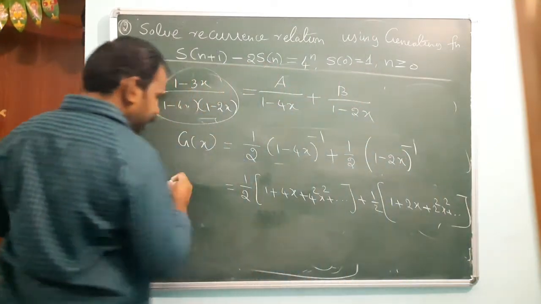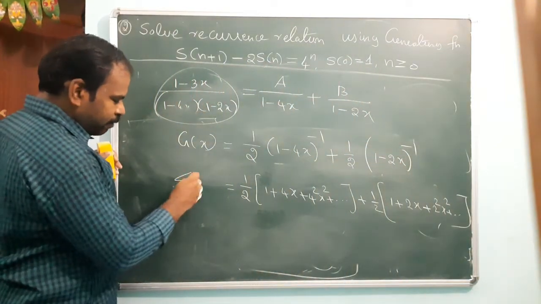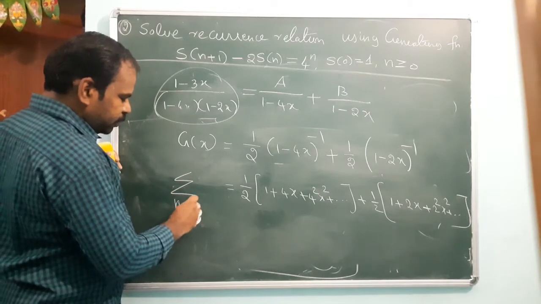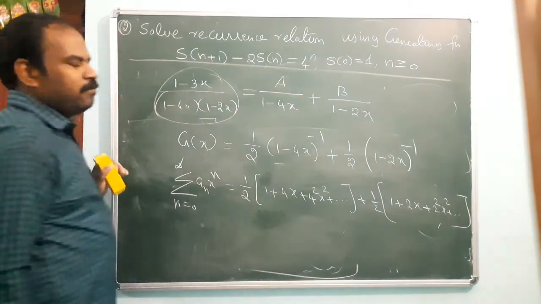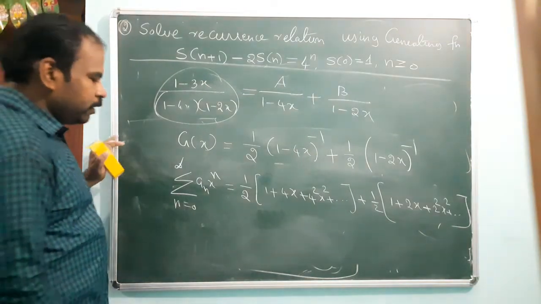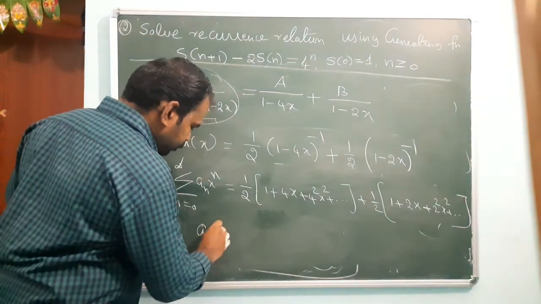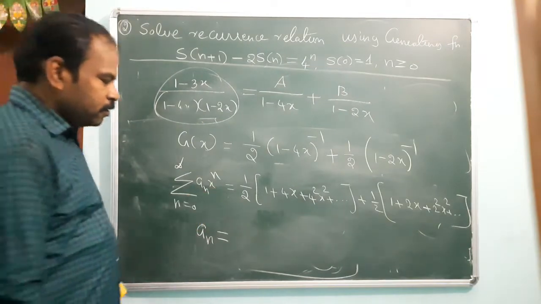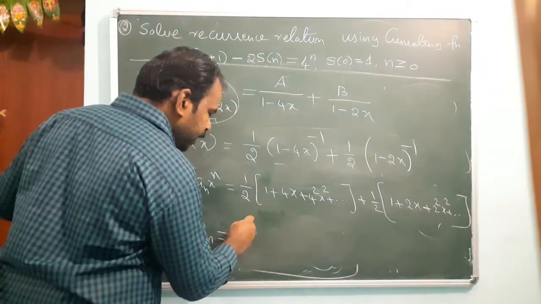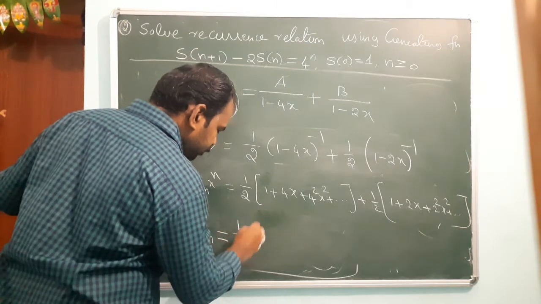Where the left hand side is summation n equal to 0 to infinity a n x power n. So we need a n, which is the coefficient of x power n on the right hand side. Here 1 by 2 is a constant.